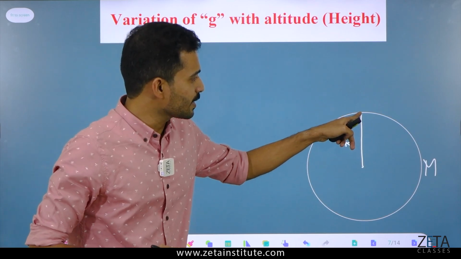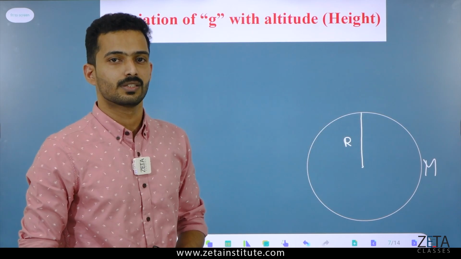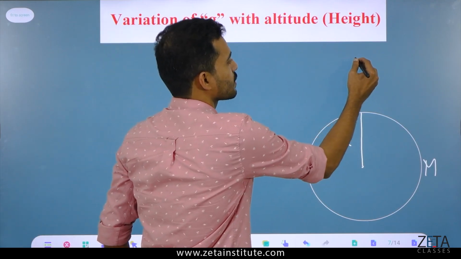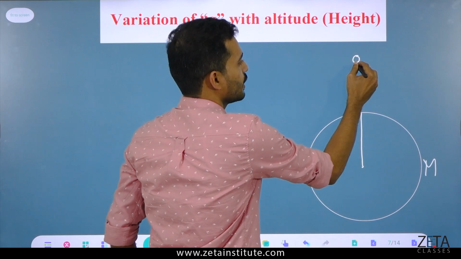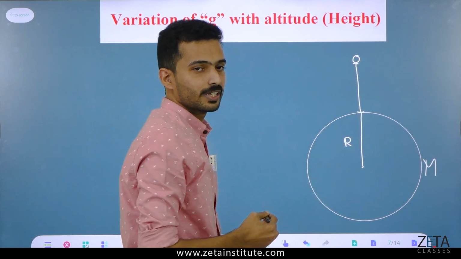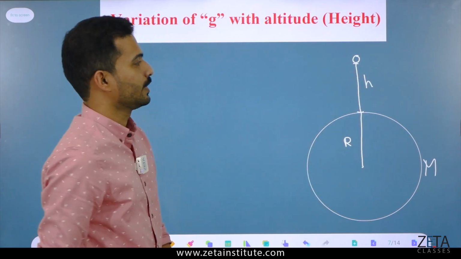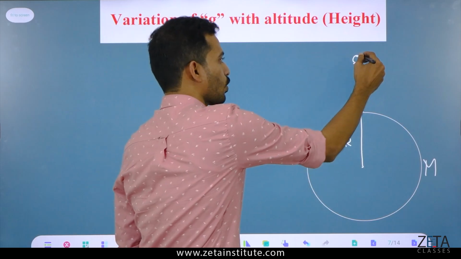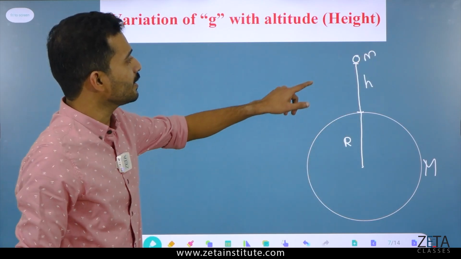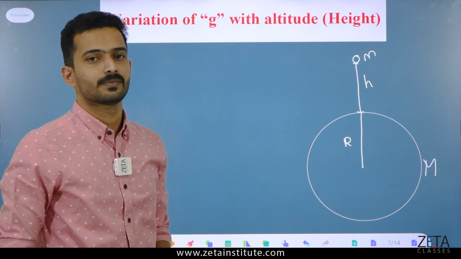We have already discussed the value of acceleration due to gravity on the surface of the earth. So I take this object to a height h from the surface of the earth. The height of the object from the surface is h, and the mass of this object can be taken as m. So we have to find the acceleration due to gravity at a height h.